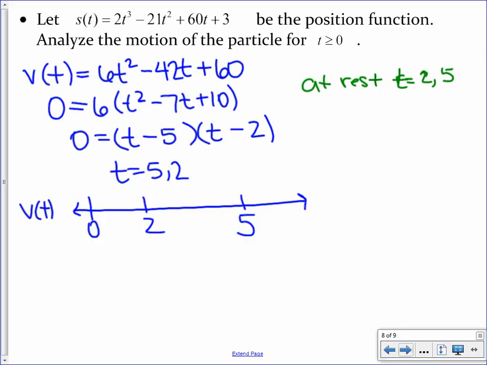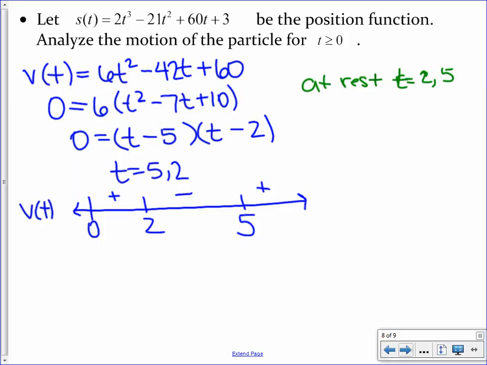If we plug in something between 2 and 5, if we plug in like 3, it would make that negative. And after 5?